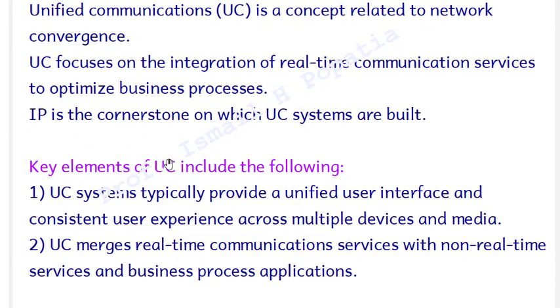Some of the key elements of UC include the following. UC systems typically provide a unified user interface and consistent user experience across multiple devices and media. We just require a single user interface, and using it, multiple devices can access various media, like text, video, etc. UC merges real-time communication services with non-real-time services and business process applications.